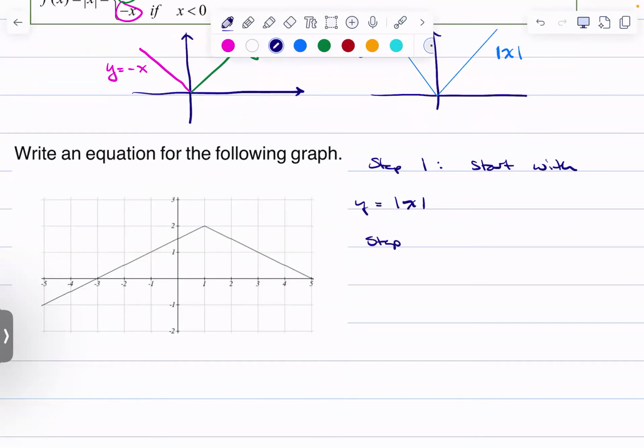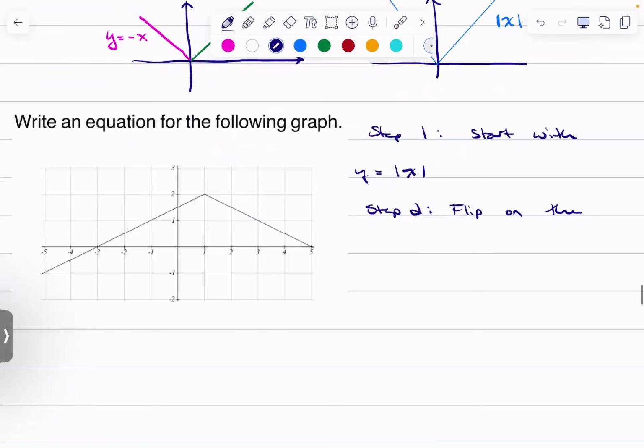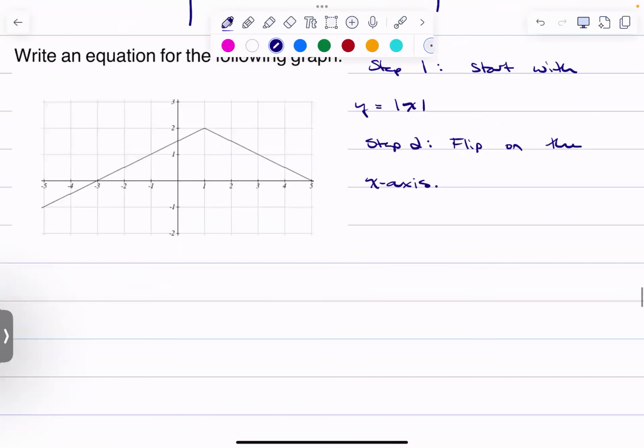And so step 2, it's been flipped down on the x-axis, which is going to look like y equals negative absolute value of x. Okay.